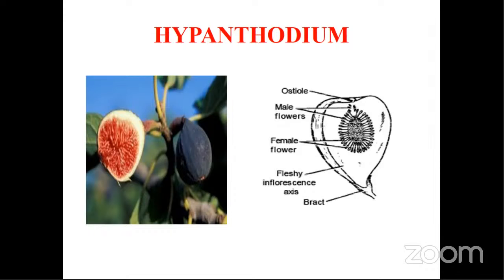In cymose type of inflorescence, the peduncle grows definitely and flowers develop in basipetal succession. We saw different types of racemose and cymose inflorescence. We also saw special types of inflorescence in which there is no definite pattern of arrangement of flowers.